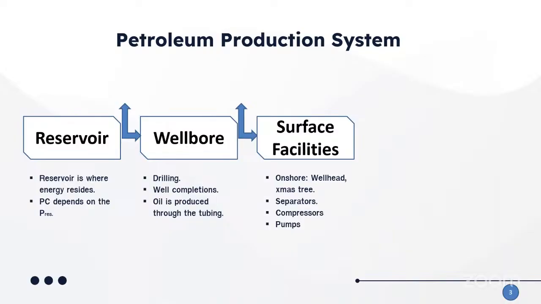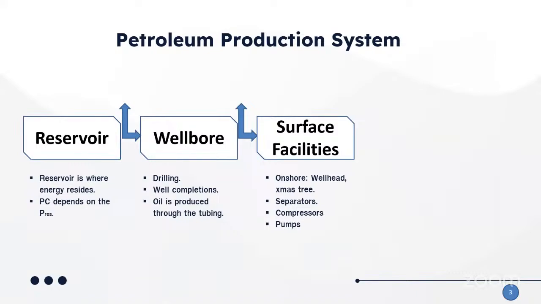After that, we have separators where initial separation comes into play, which can be two-stage, that is separating just liquid and gas, or three-stage: liquid, gas, and water. Depending on what you have, a compressor helps you maintain the pressure of your gas when you want to flow it through the flow line.